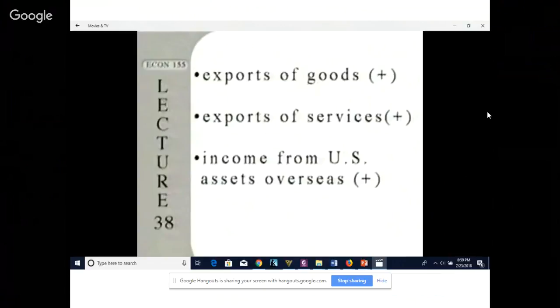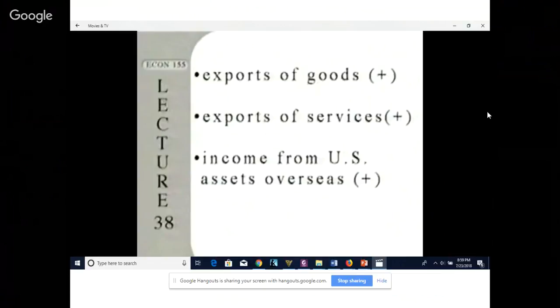Another example, let's say we have a house in China, or we have a building in China, okay? So every time you generate some profits from those buildings or those assets, you're going to send it back to the United States. That's going to be the case of money flowing from China to the United States. Let's say Michael buys a house in China and he rents it out.